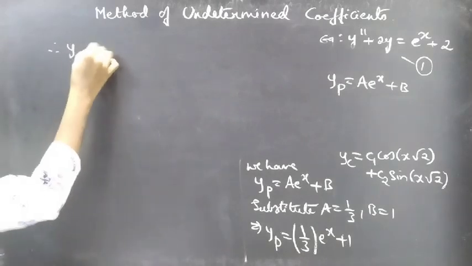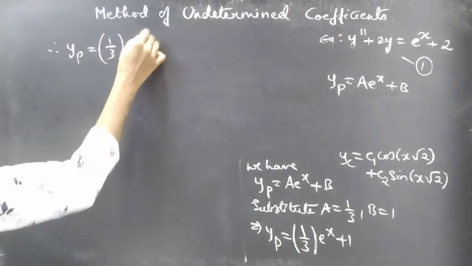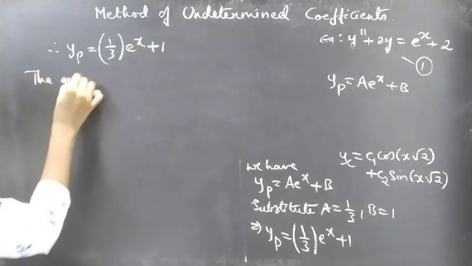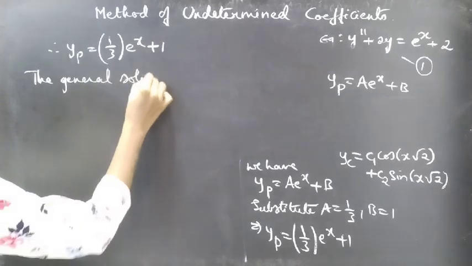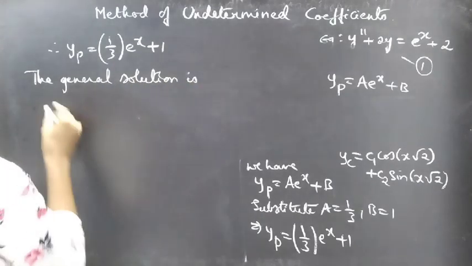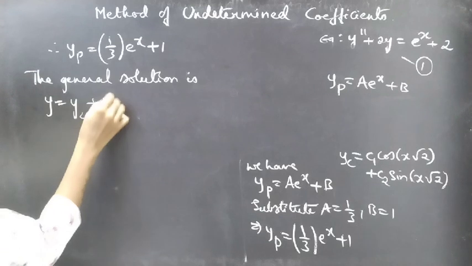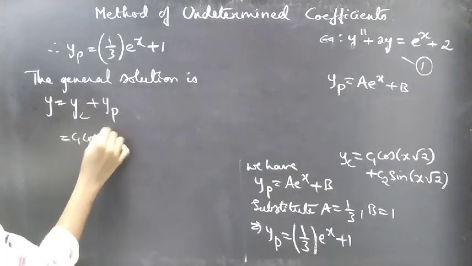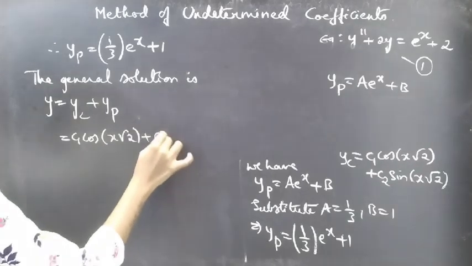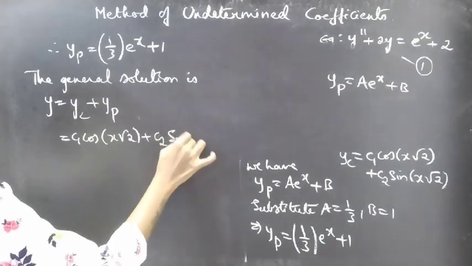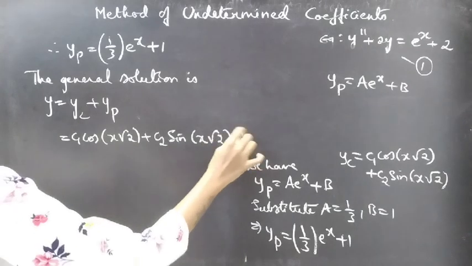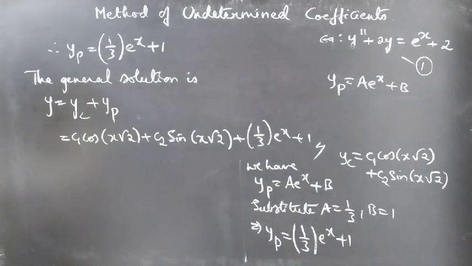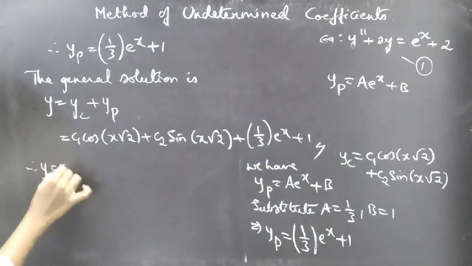Therefore, yp equal to 1 by 3 into e power x plus 1. Now the general solution is given by y equal to yc plus yp. Let's substitute yc and yp in it. We'll get c1 cos x root 2 plus c2 sin x root 2 plus yp, 1 by 3 e power x plus 1, which is the required solution to our problem.